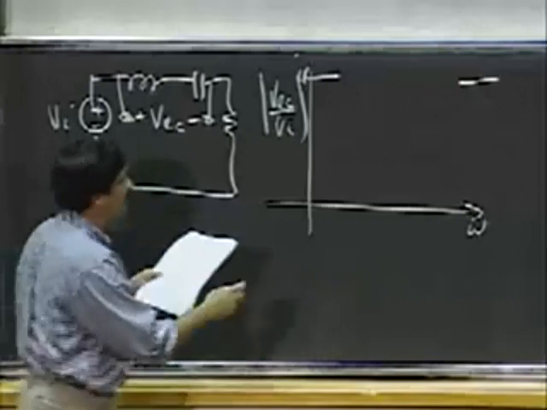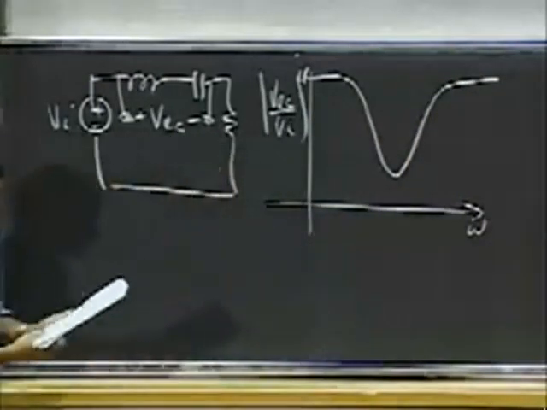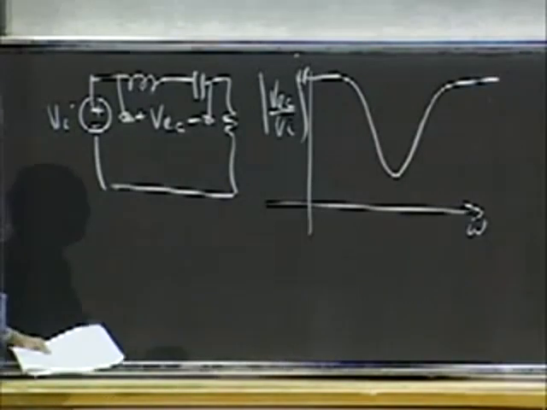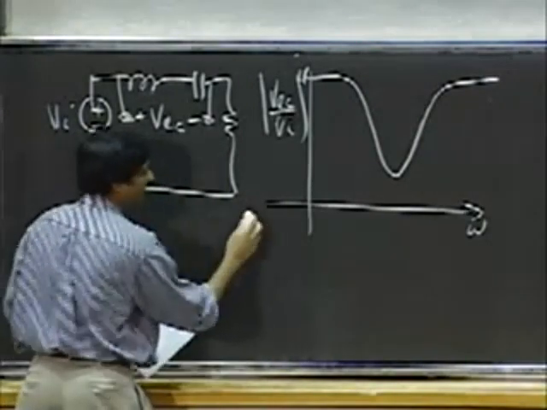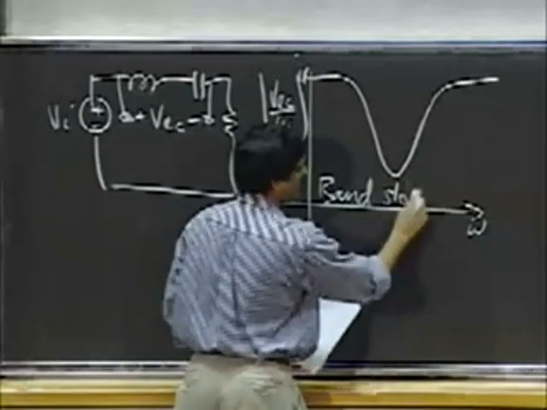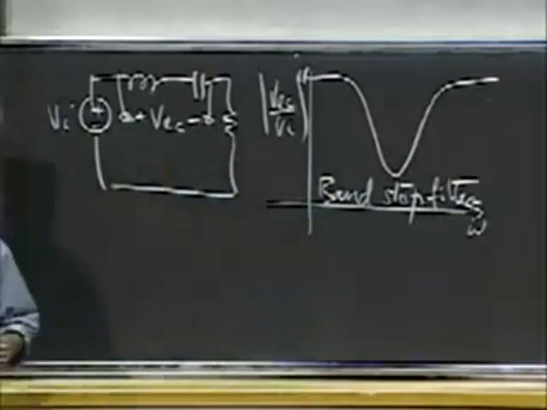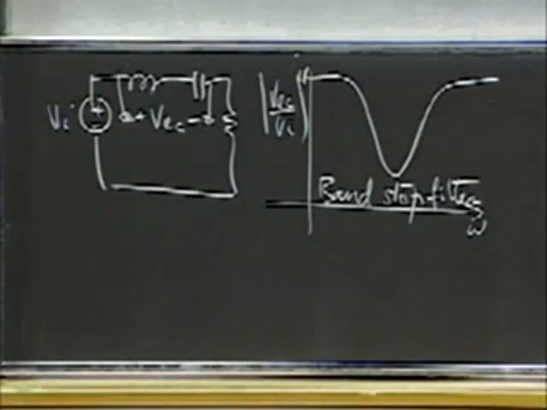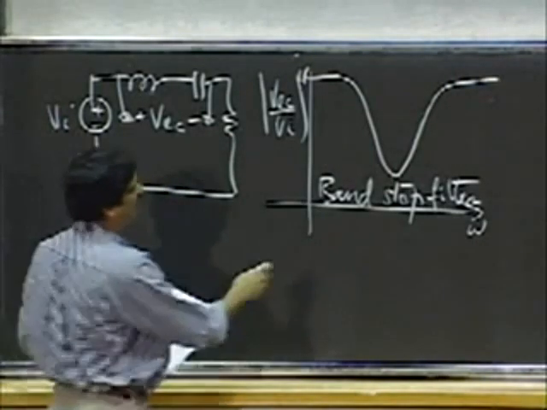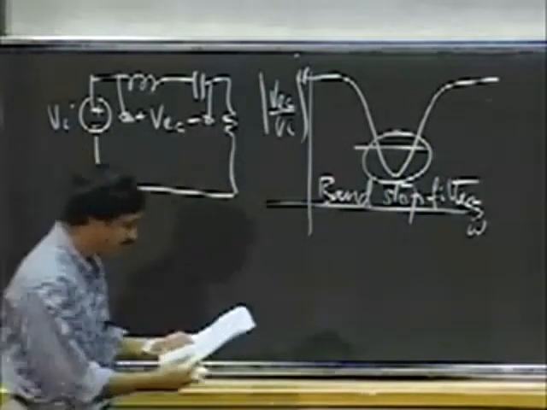And in the middle, the value dips. And I get something like this. So this thing is called a band stop filter. Here I can nail any specific frequency as long as the frequency falls in roughly that regime.